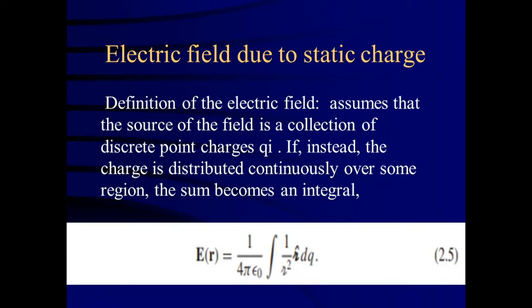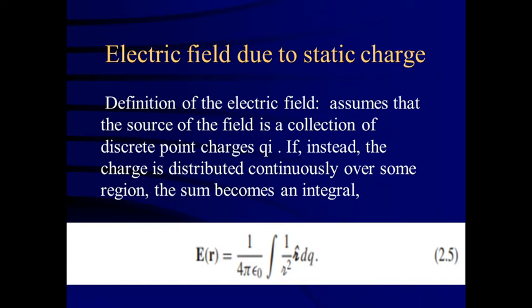So, the definition of the electric field can be given like this. Assume that the source of the field is a collection of discrete point charges. If instead the charge is distributed continuously over some region, the sum becomes an integral. What does it indicate? Charge can be distributed in two different ways. Either the charge is distributed discretely like point charges, Q1, Q2, Q3, up to Qn.